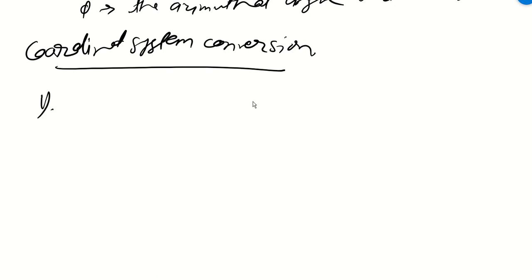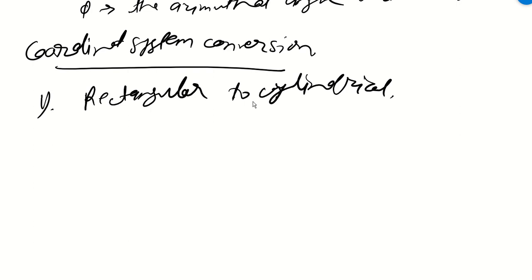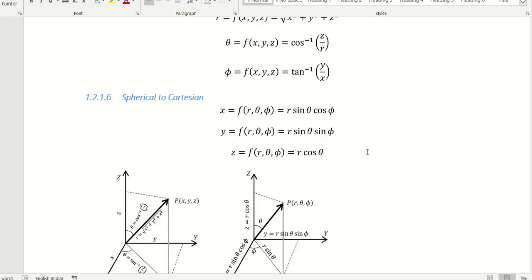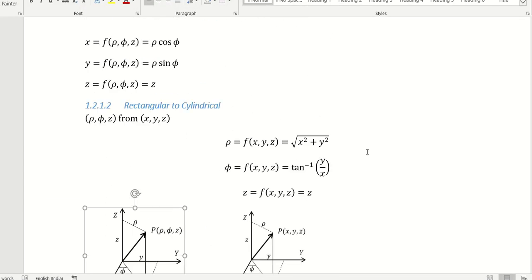Like from rectangular to cylindrical, or from cylindrical to rectangular. Similarly, we will have 6 cases: spherical to rectangular, rectangular to spherical, cylindrical to spherical, and spherical to cylindrical. Without wasting time, I will take you through my document, which will be easier for you to understand. Okay, so let's start.